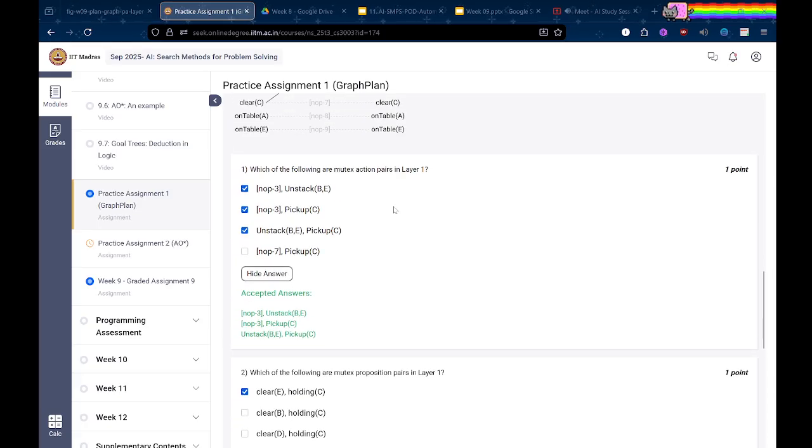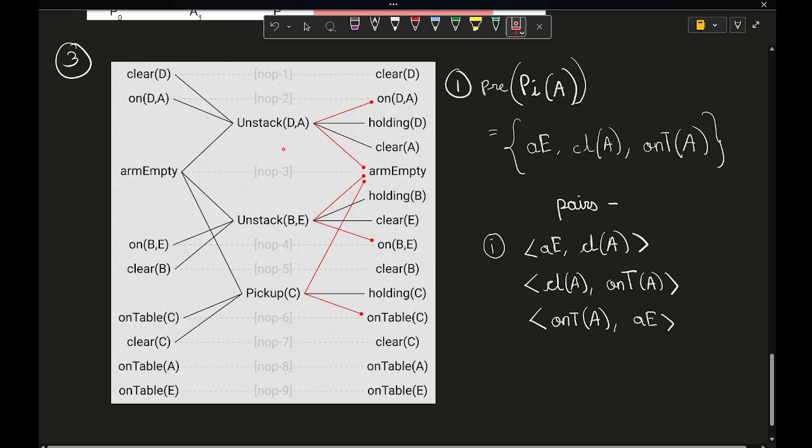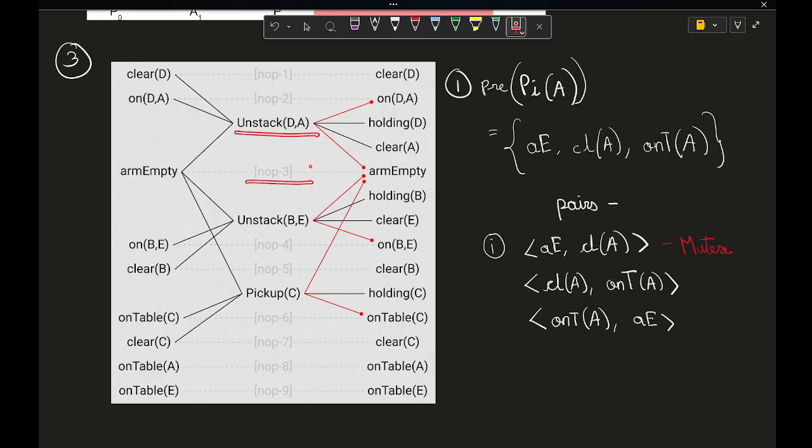From earlier we know that no op 3 and unstack DA are both mutex actions. So because of this, these two propositions are mutex, because no op 3 and unstack DA, the two actions that have these as their positive effects, are mutex themselves.